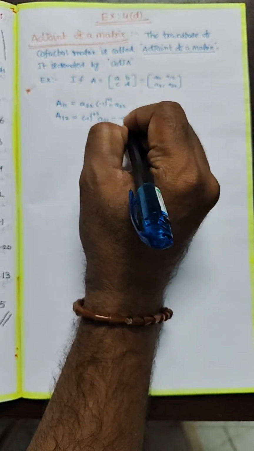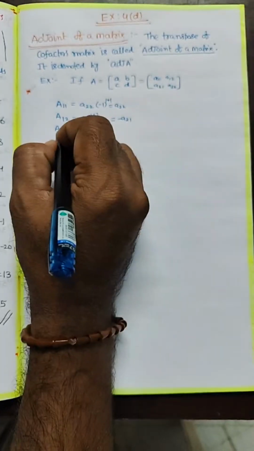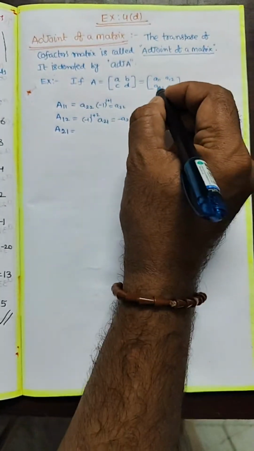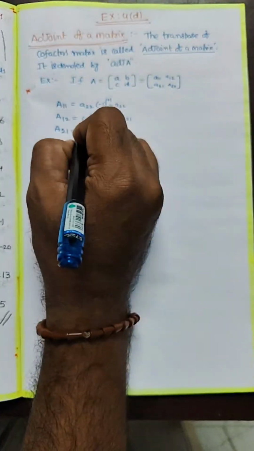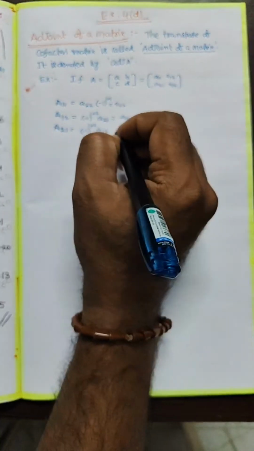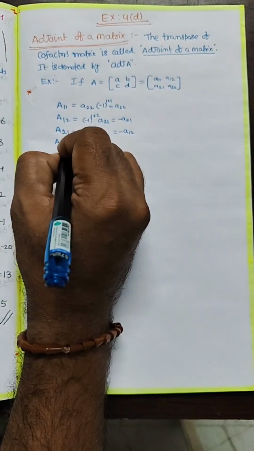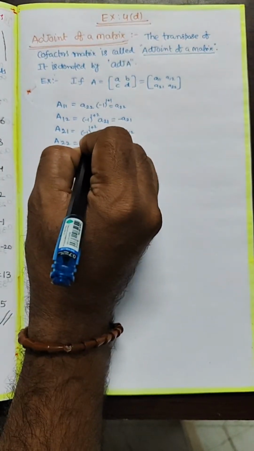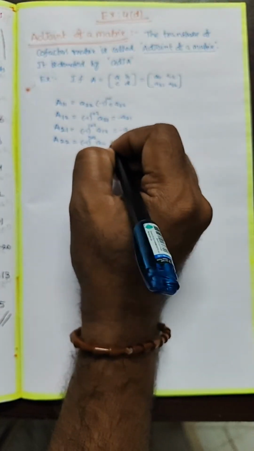So minus a21. Next, for the A21 element, cofactor: eliminating this row and this column, minus 1 whole power 2 plus 1 into a12, that is equal to minus a12. Next, A22: minus 1 whole power 2 plus 2, eliminating this row and this column, a11 will come.